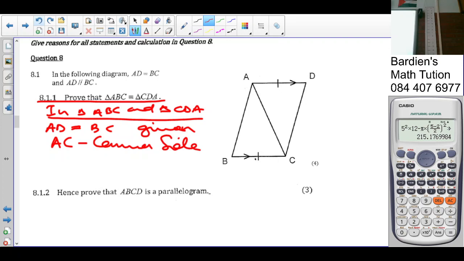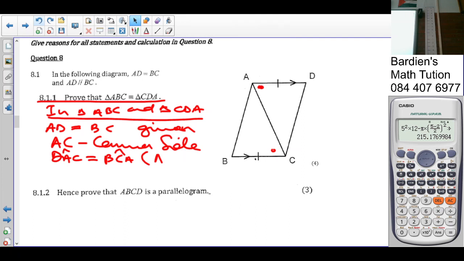So we use 2 sides. So we must have an included angle. We use that and this. So we must say something about that angle, or we must use another side. But what do we know? DAC is equal to BCA or ACB. Why?